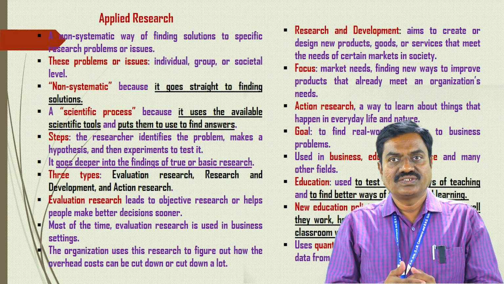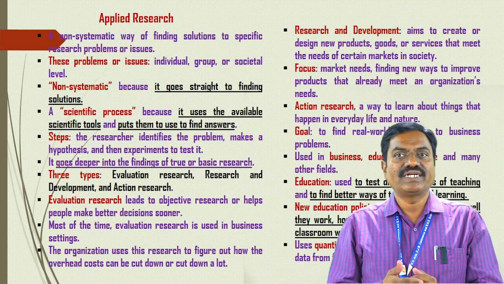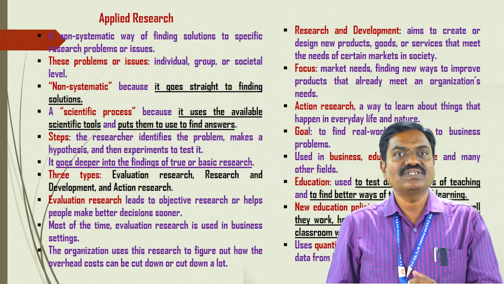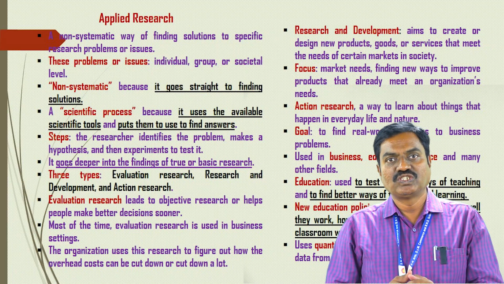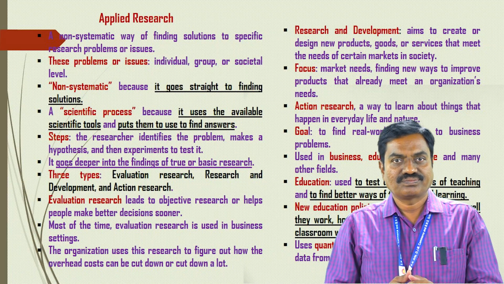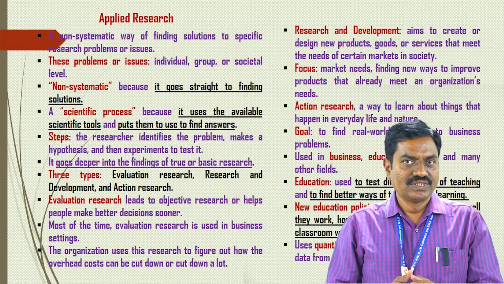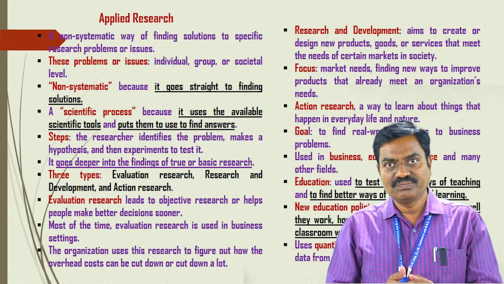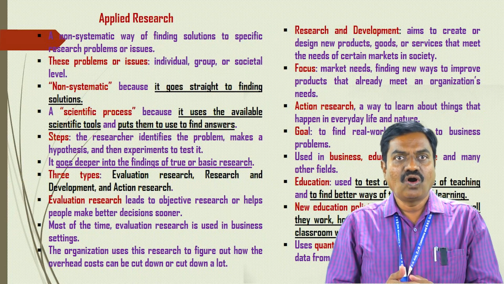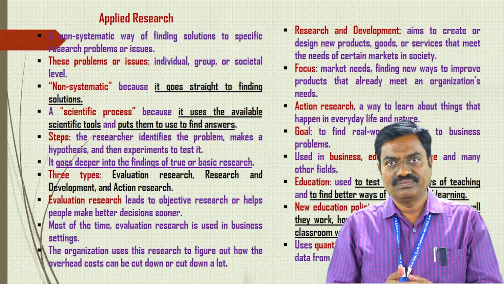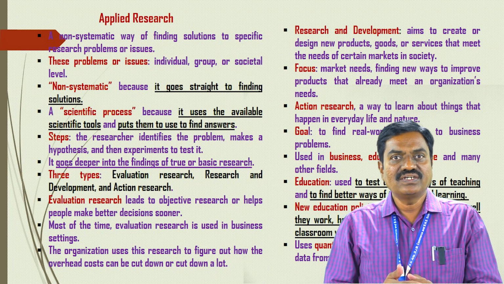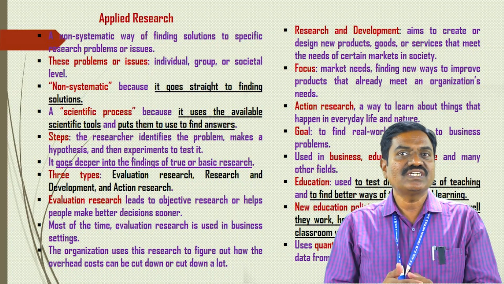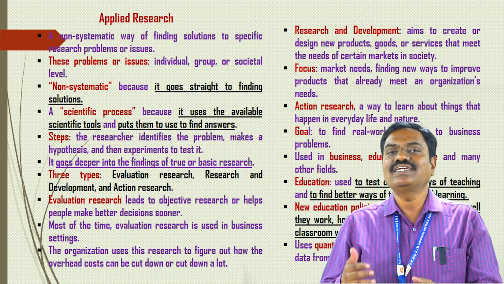An applied research is a non-systematic way of finding solutions to specific research problems or issues. These problems or issues can be on an individual, group, or societal level. Applied research is called non-systematic because it goes straight to finding solutions.